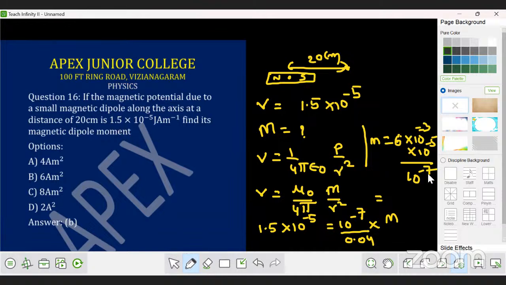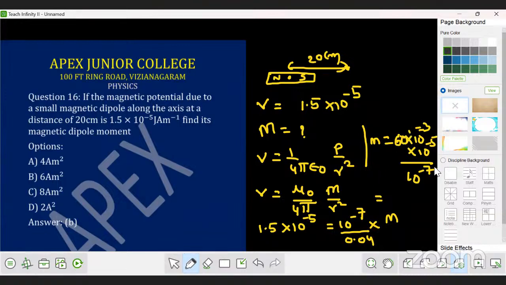In meters, 20 centimeters is nothing but 0.2, so 0.04, correct. This will be 1.5 into 0.04, which is 60 into 10 power minus 3.